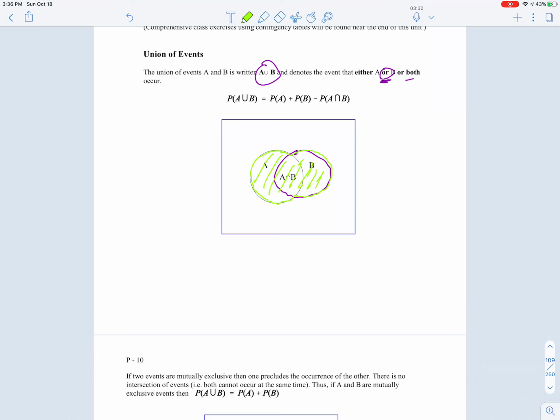Now, you might wonder here, why do we use this formula, that the probability of A or B is equal to the probability of A plus the probability of B minus the probability of A and B? Why do we subtract that off? Well, the reason is, let's take a look at the probability of A, and we will shade it like that.